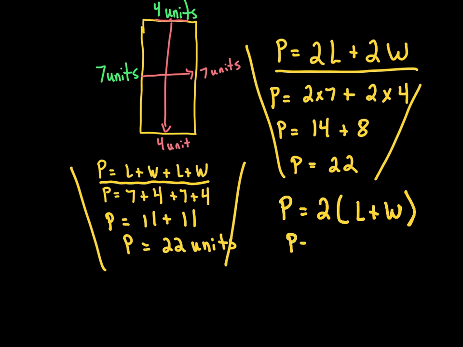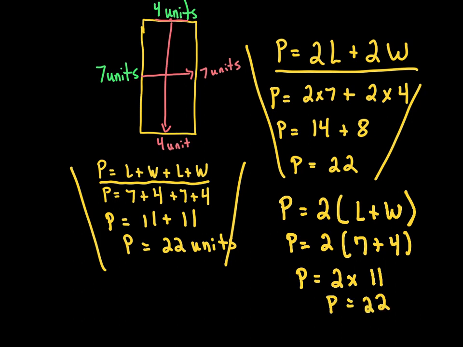P is equal to 2 times, that's 11, and then P is equal to 22. And we should really label units. So there's different ways in solving this. You're just going to have to choose the one that works best for you.